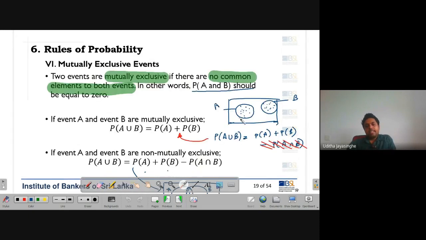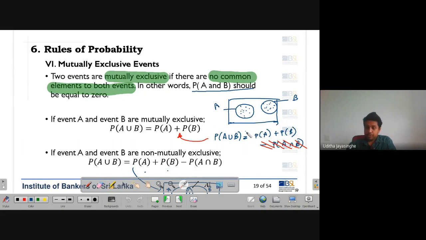Okay. And then mutually exclusive events, this is something interesting. That means these events cannot occur together, or rather there are no common elements between both events. In other words, P(A intersection B) is zero, there is no commonality between any of these events. So if events are mutually exclusive, students, you can add the probabilities comfortably.